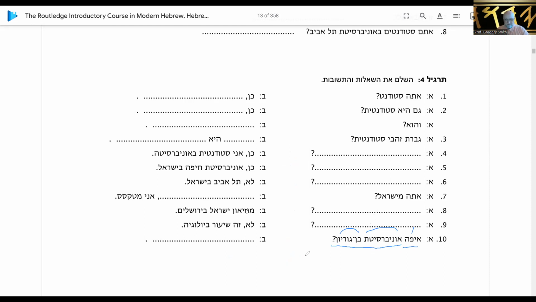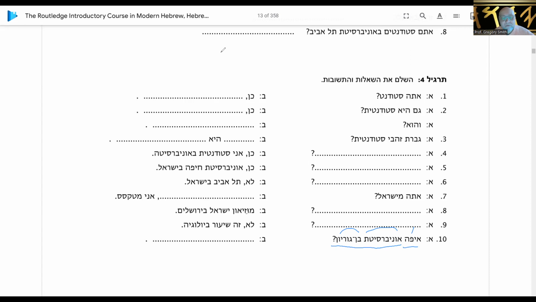Let's see, I'll look it up here. Oh, it's in Beersheba, Israel. So we could put the University of Ben Gurion is in Beersheba.